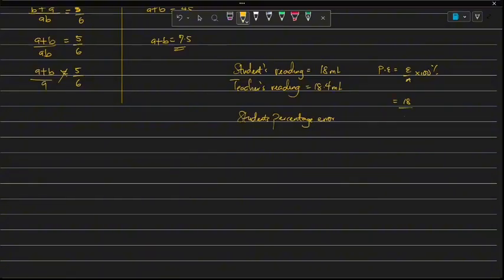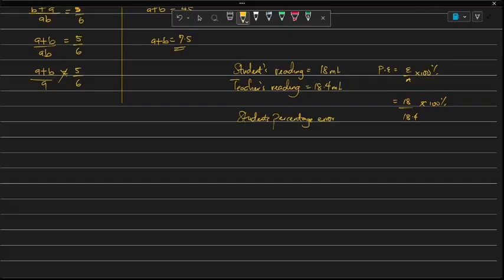And what was the actual? 18.4. Times 100%. But believe me, if you have done this, you would have failed it, because the error is not just 18 milliliters. The error is the difference between what is right and what is wrong.